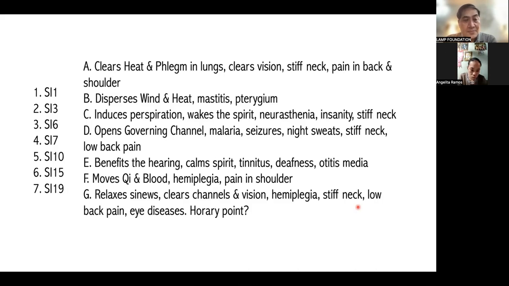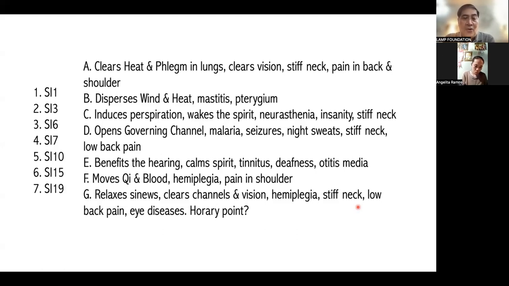SI1. Why is it very effective for mastitis? Remember, we have the horary point, we have the metal point. It is the metal point of the SI. Okay. Very good.